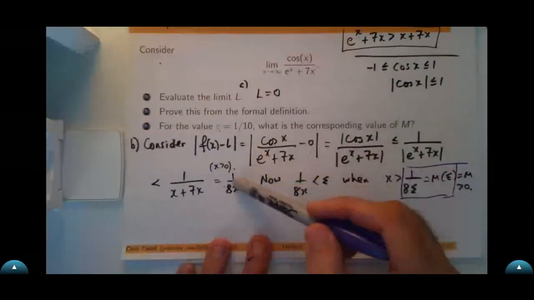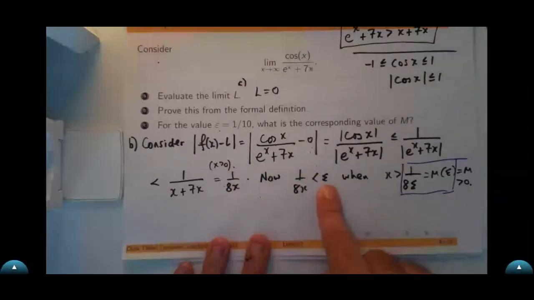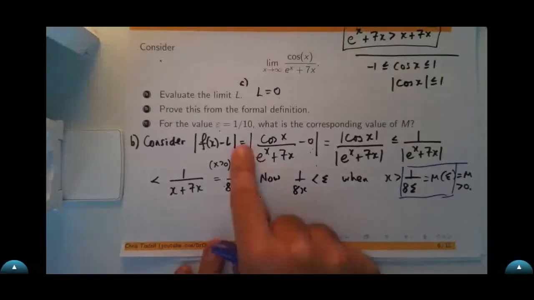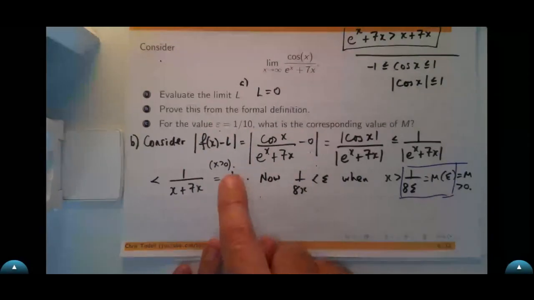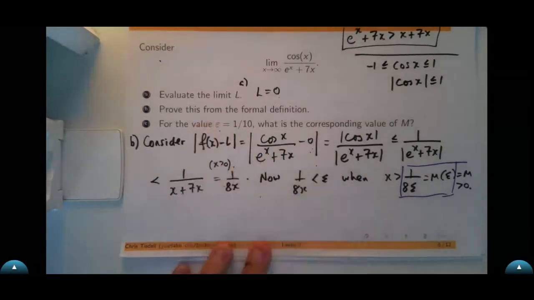So this is less than that, and if I can make that less than epsilon, this thing's got to be less than epsilon. Okay, it's a really good question. So this is less than that. If I can make that less than epsilon, this has got to be less than epsilon. All right. So that's a really good question.